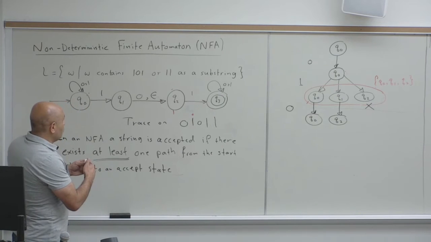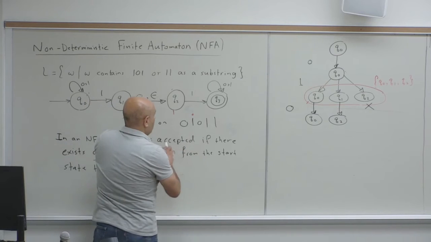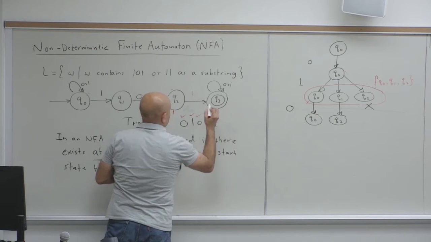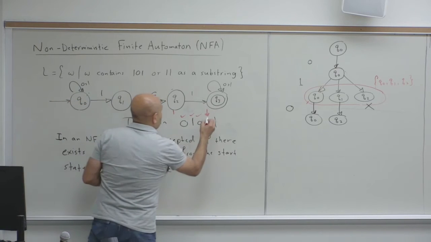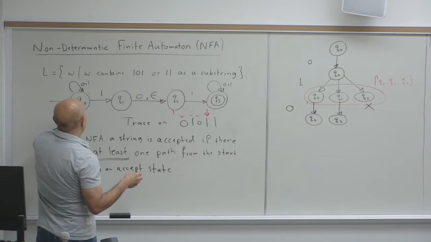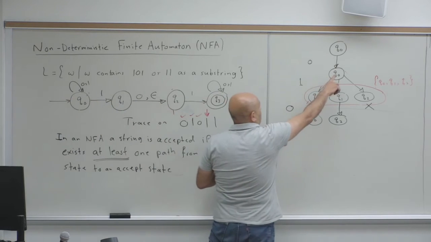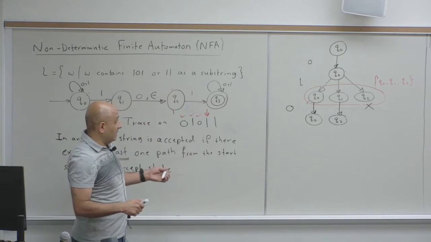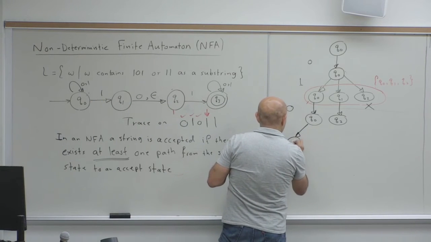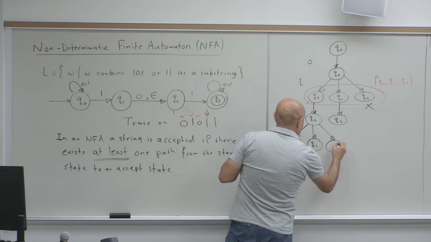If I am in Q0 and I get a 1, it takes me to Q0, Q1, or Q2. Same thing repeats. Whenever there is a 1, Q0 branches into 3 different branches, Q0, Q1, and Q2.